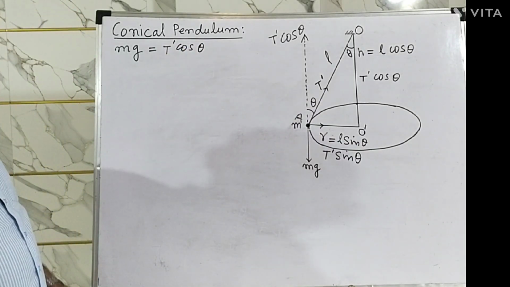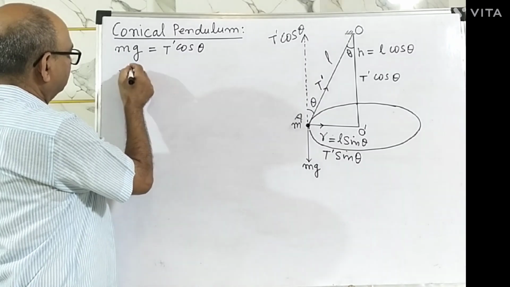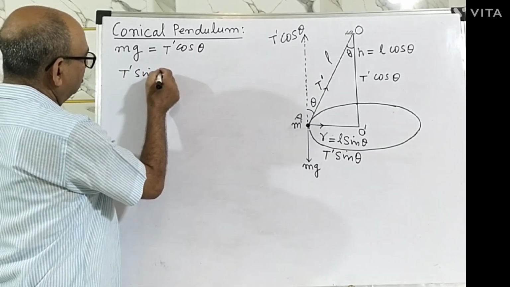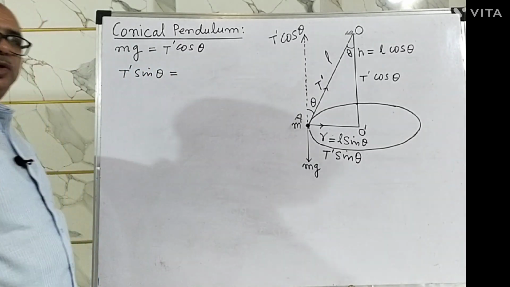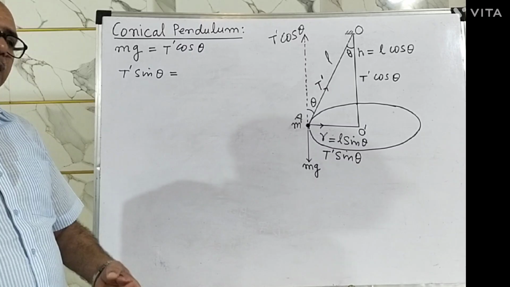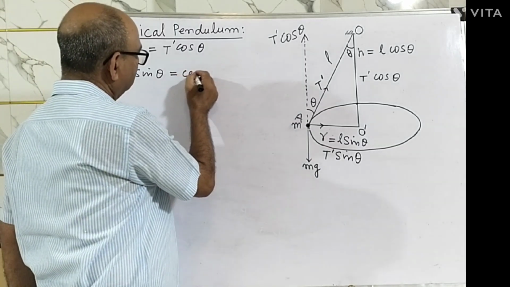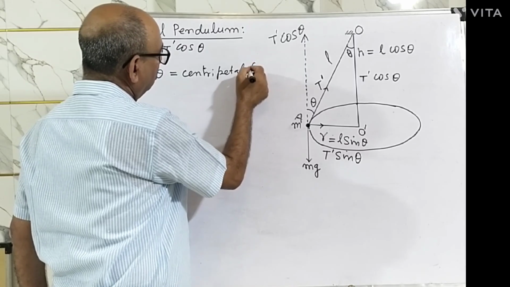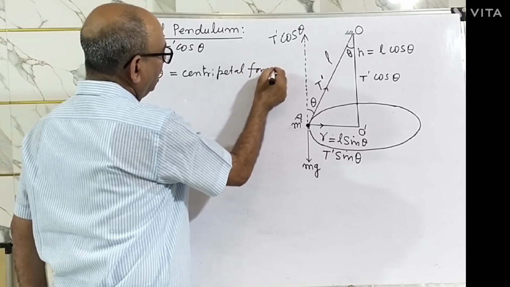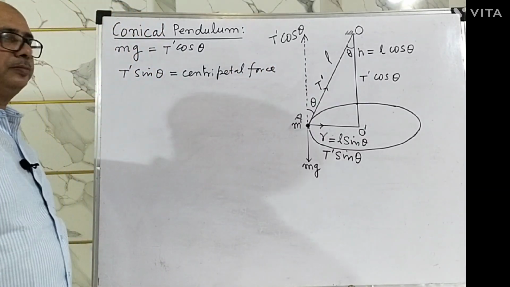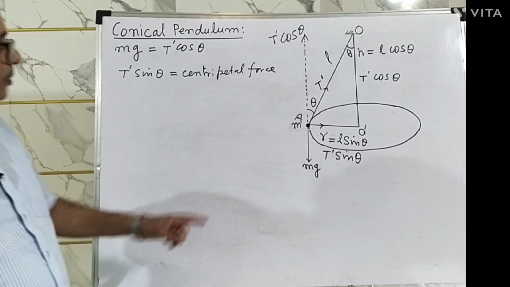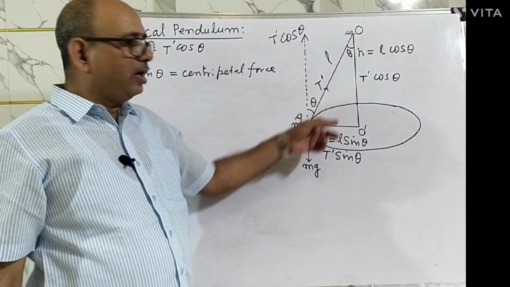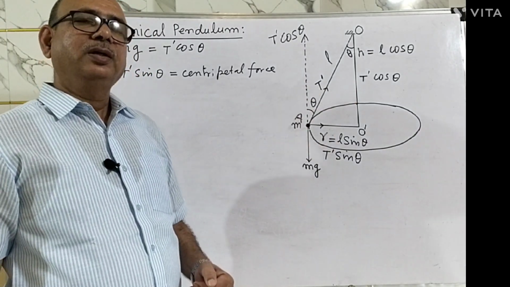The value of T dash sin theta must be equal to the centripetal force. We have resolved T dash in horizontal and vertical components.